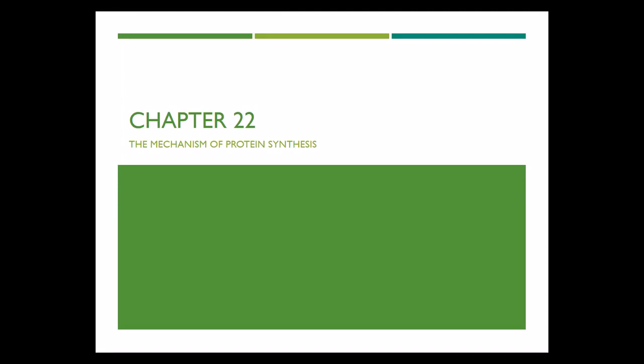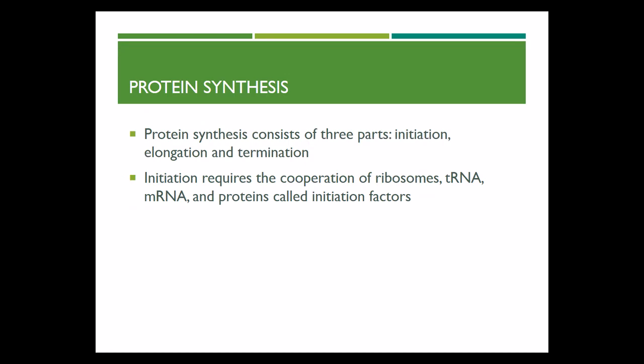In this lecture, we will investigate the mechanism of protein synthesis, which is called translation. Like DNA replication and RNA transcription, protein synthesis can be divided into separate phases for initiation, elongation, and termination.